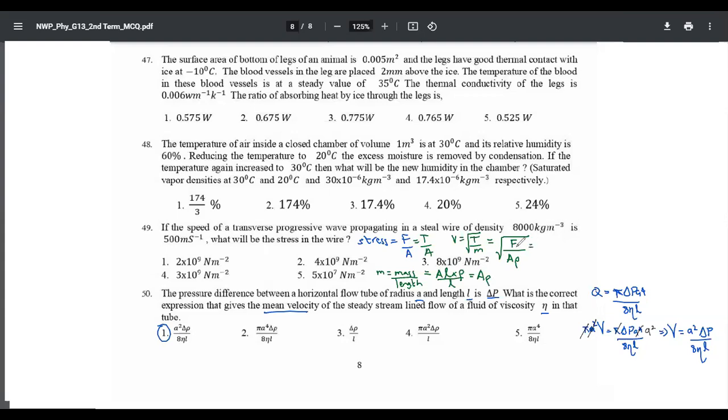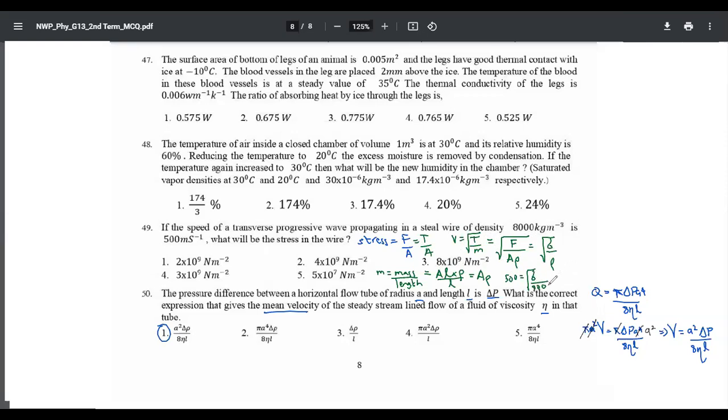So instead of F over A, you can say it's stress. So V is actually equal to the square root of stress over density. So for V, you can put 500, equal to the square root of stress over 8,000.